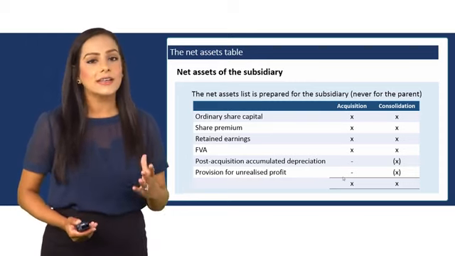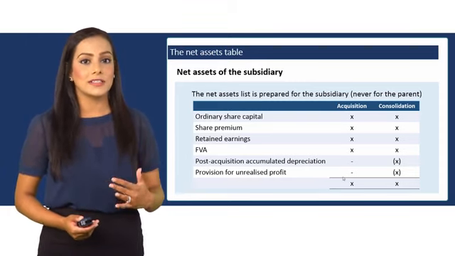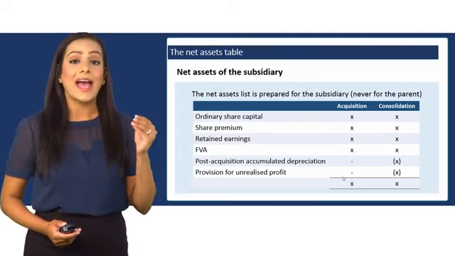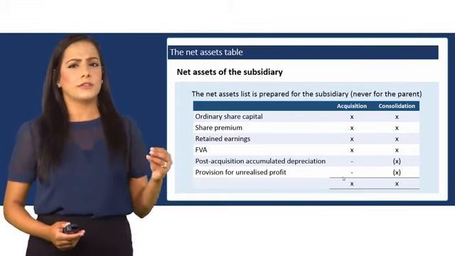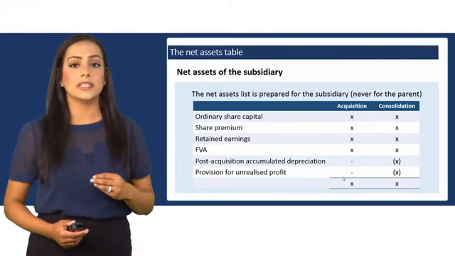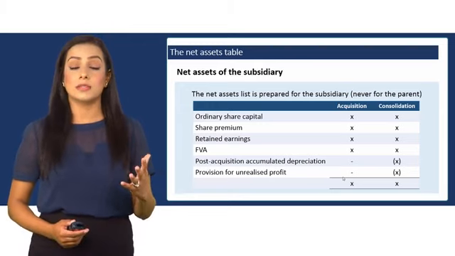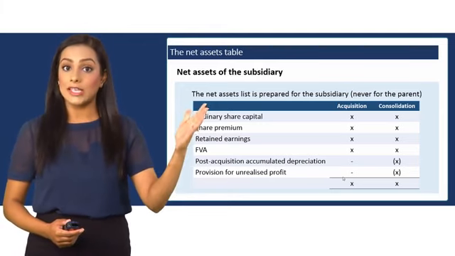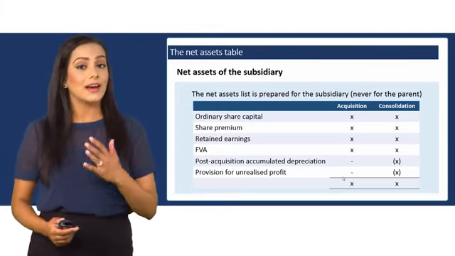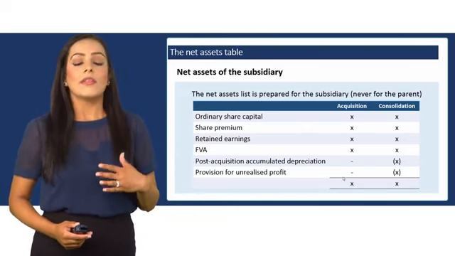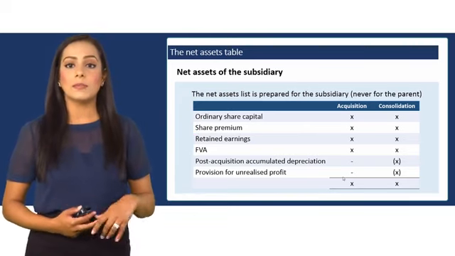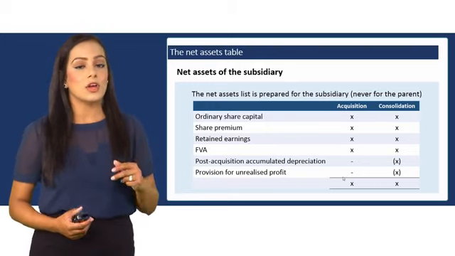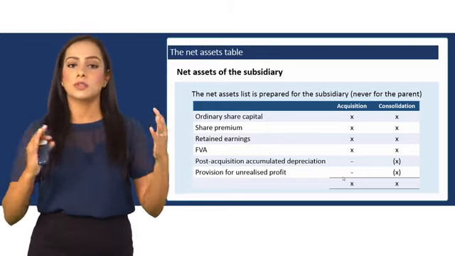Whereas the retained earnings figure would be different, because we expect the subsidiary to make profits, i.e. it grows, or it could shrink, i.e. make losses.